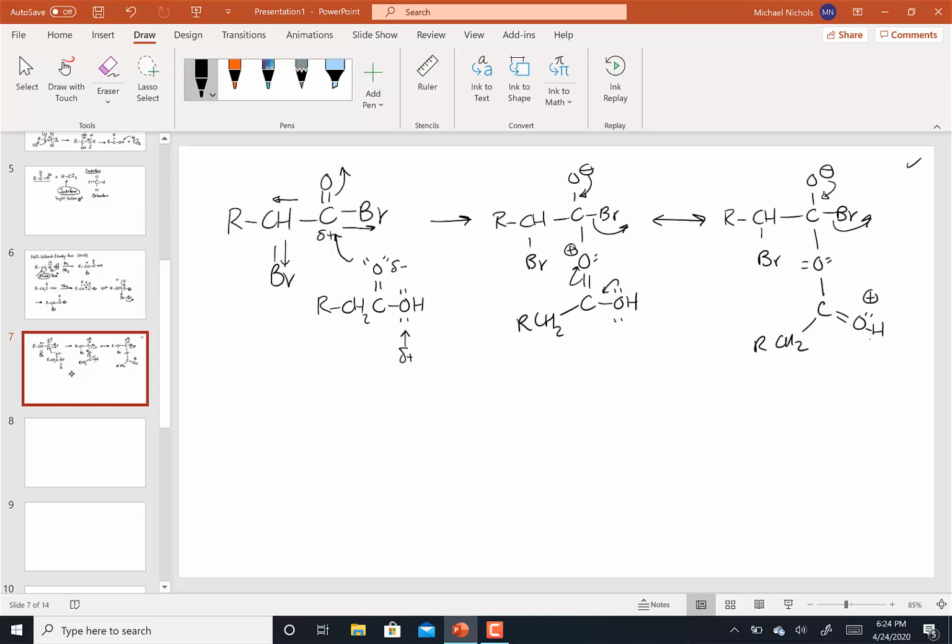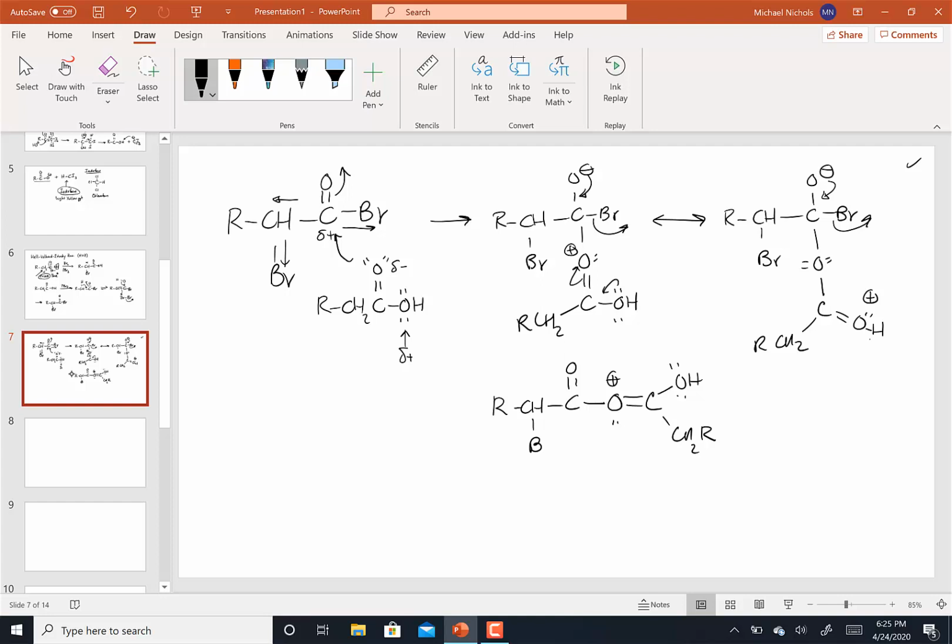And so then what I'm going to end up with is reforming the carbonyl that is going to be attached to an oxygen that has a double bond and a positive charge on it, to the carbon with the OH up here, and then down here the R group as well.